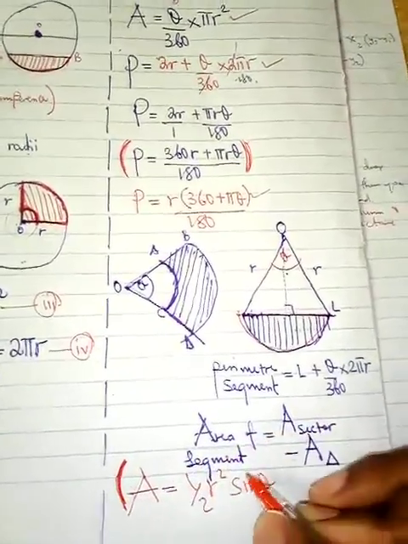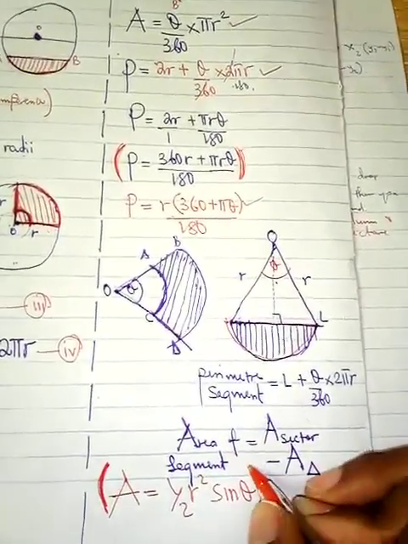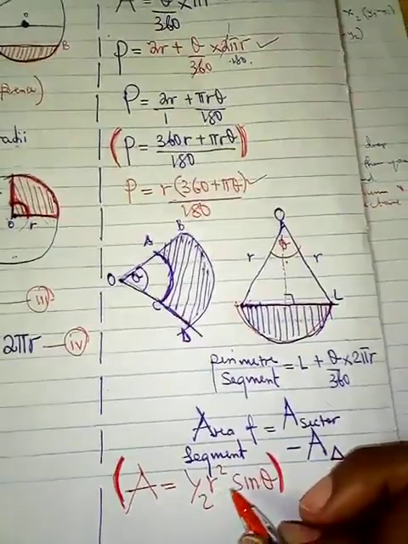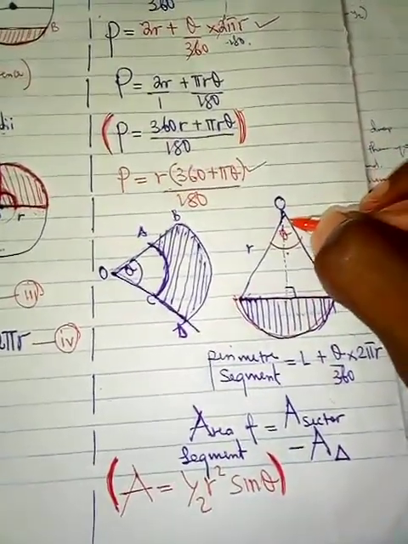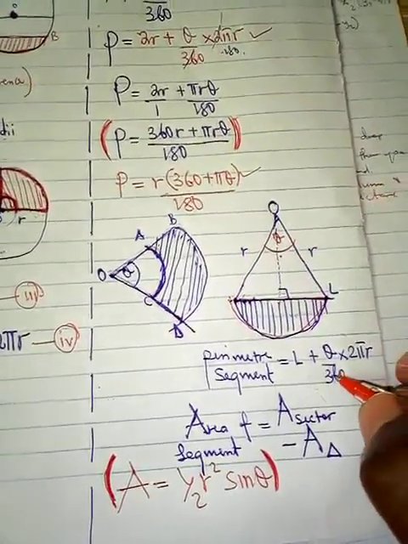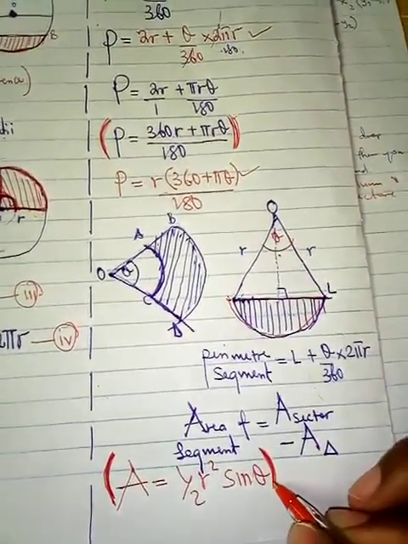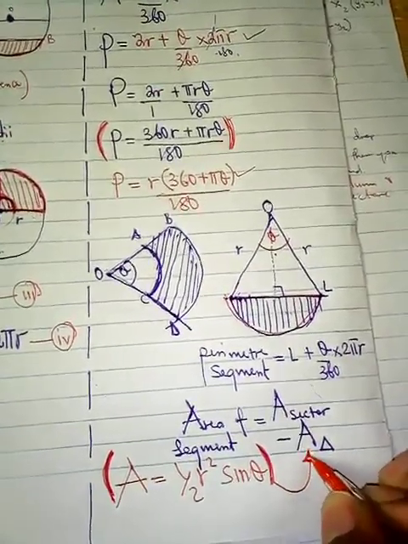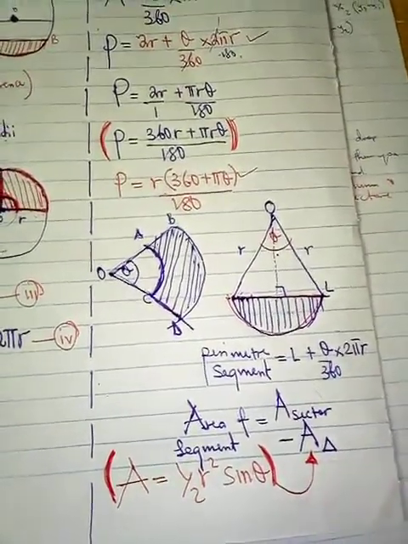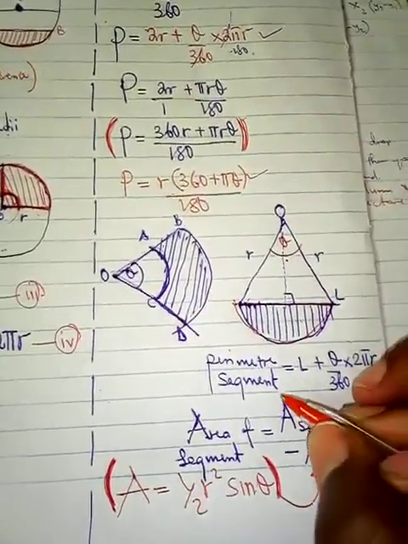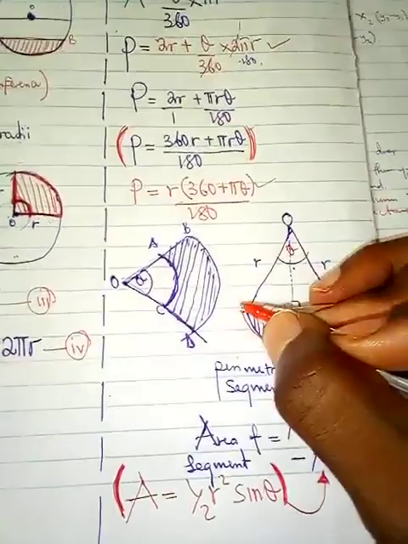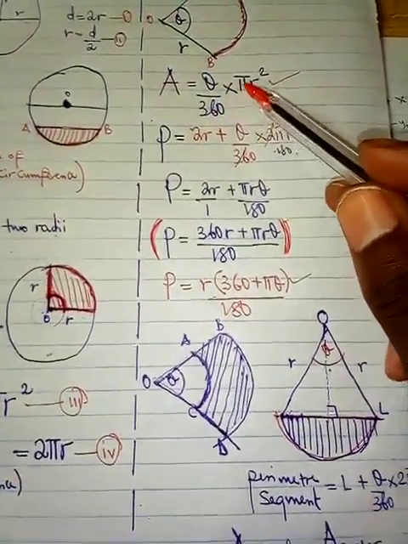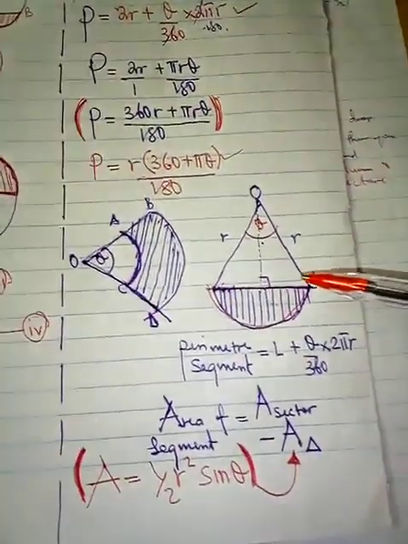This is a special kind of triangle. That's the formula that you're going to use to determine the area of the triangle. And of course, we have already seen the area formula of a sector. This is theta over 360 times pi r squared. It will still work.